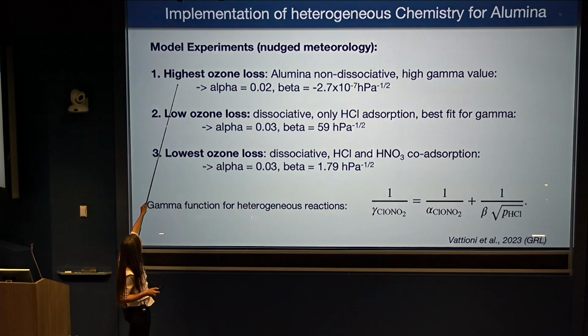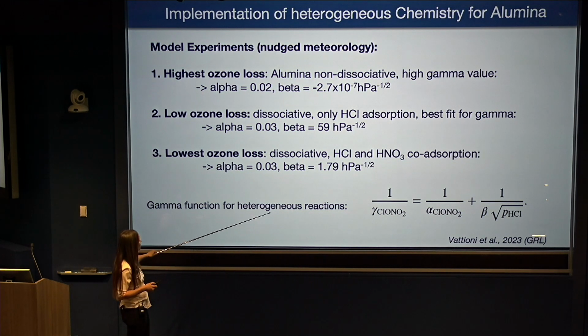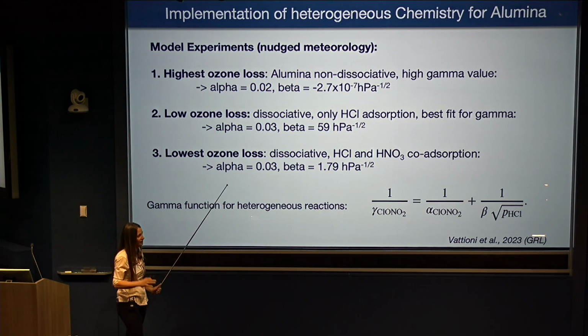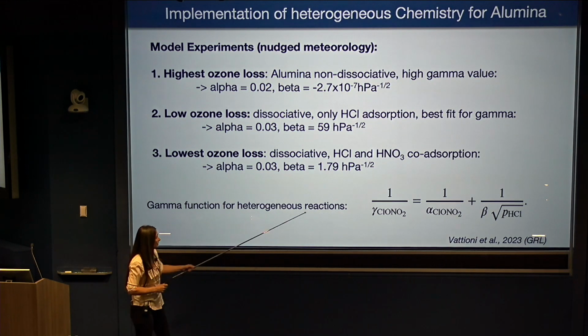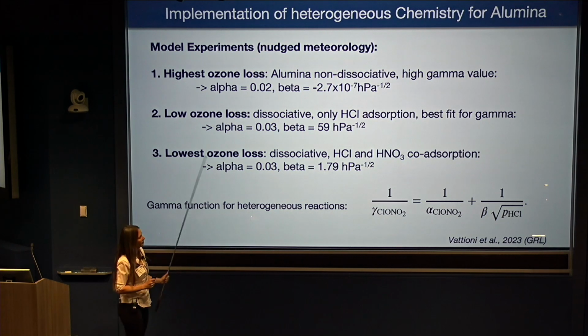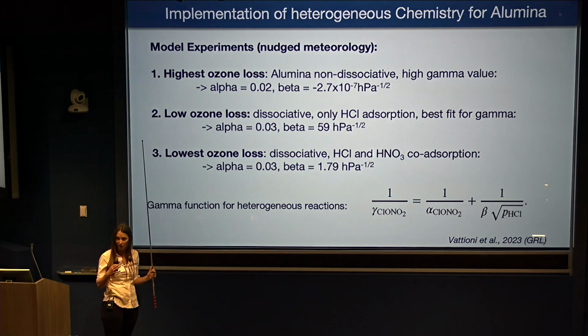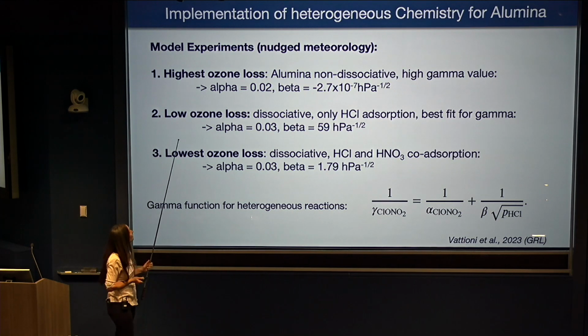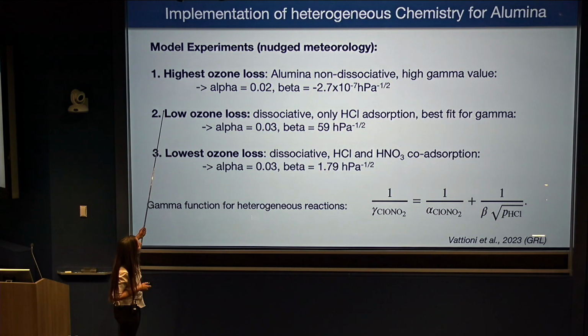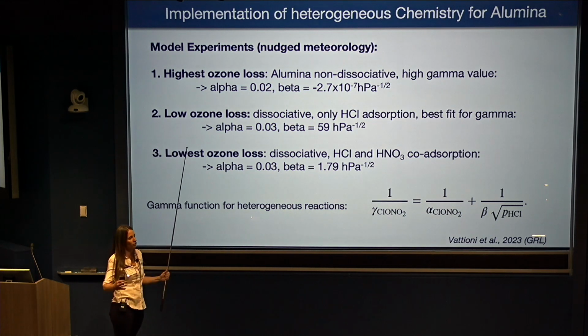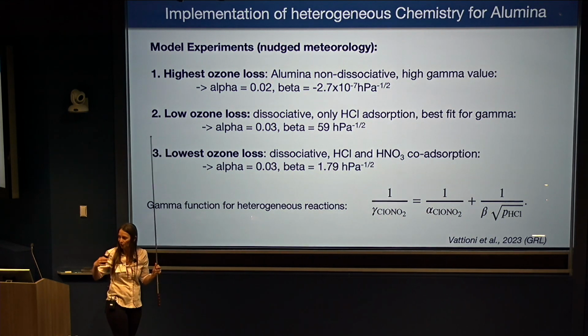And for all of these 3 simulations, we consider different heterogeneous uptake reactions, which is based on the gamma value. And Sandro had developed in his paper a function that is based on different factors, and depending on how dissociative the material would be, the alumina, since there are large uncertainties, and also depending on what components would actually dissociate on the alumina.